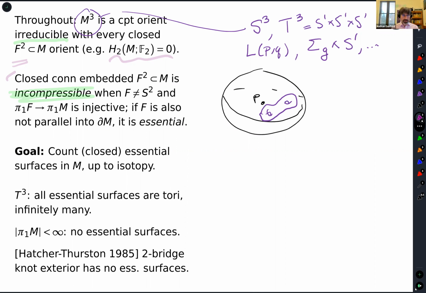So the map induced by inclusion from the fundamental group of F to the fundamental group of M is injective. That in particular excludes a picture like this. For example, this loop here on my surface is a non-trivial element of pi 1 of F, but you can see we can homotope it to a point in the ambient manifold. So this is an example of something that's not incompressible.